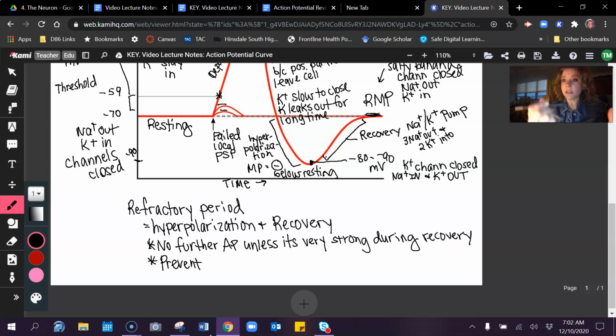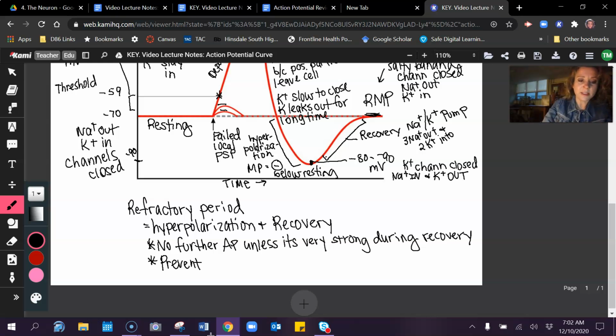So even if a stimulus comes from the other direction, it's not going to cause an action potential, because our membrane potential is too negative to raise up to a negative 59 millivolts.